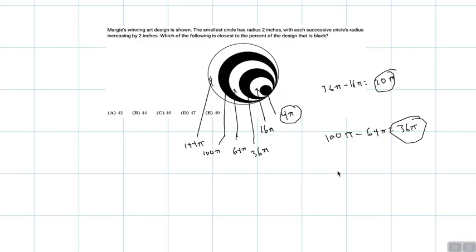So sum all of these up, and we get 60 pi over the whole percentage of everything is 144 pi.